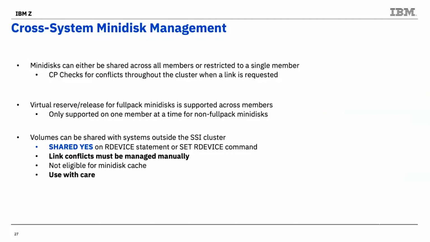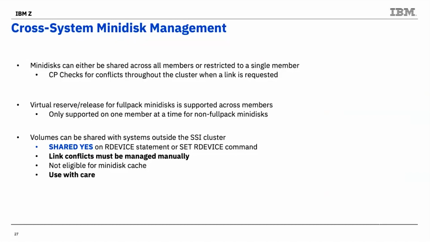Well, when we issue a link command, the members of the cluster will exchange information to determine who has access to the minidisk and make sure that no conflicts exist. Now, one of the caveats here is that the conflict resolution that CP does will only hold water if the minidisk is exclusive to this cluster. But technically speaking, you can share a minidisk outside of a cluster.